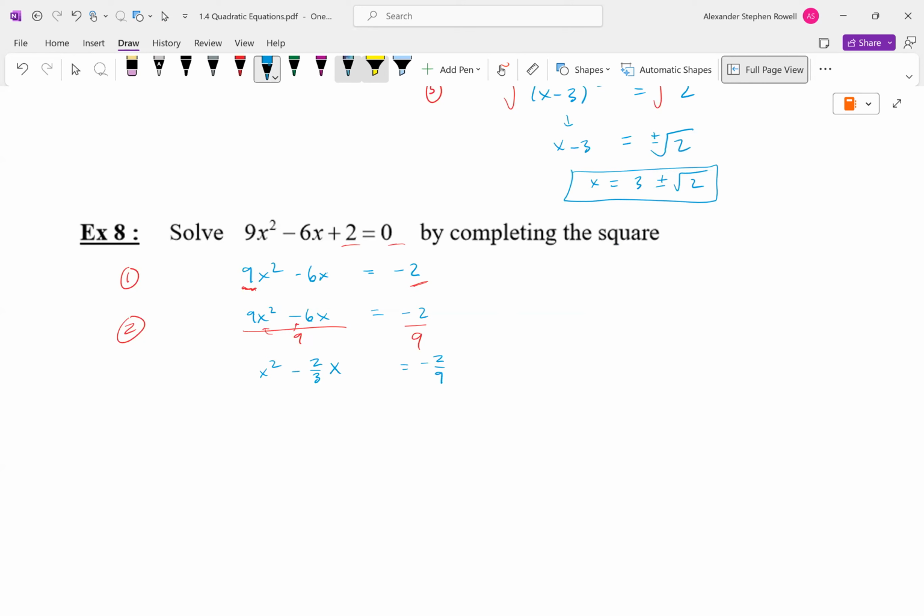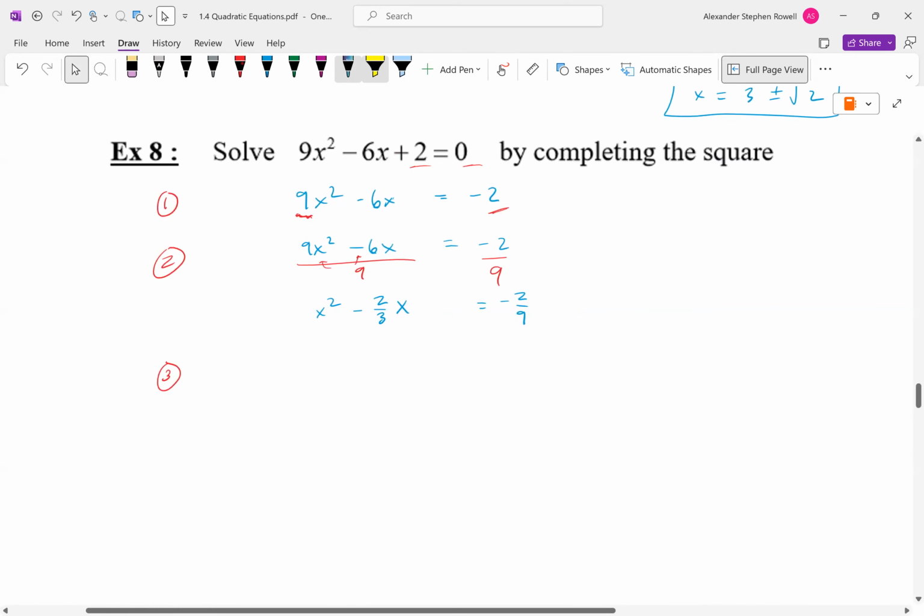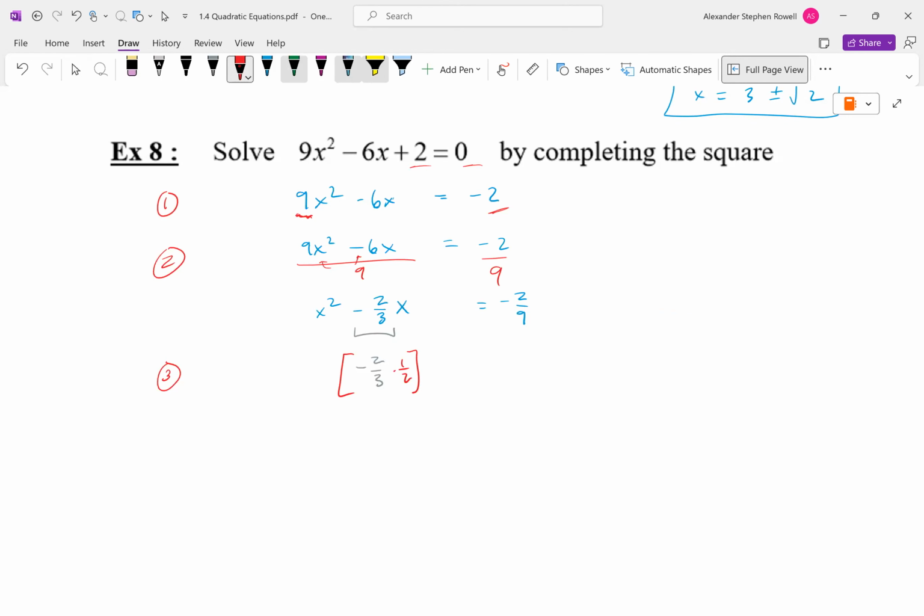Now that I have an x squared and x term, and the leading number in front of x squared is 1, now my completing the square formula works. So step 3, let's go ahead and complete that square. What is that magic number we need to add to both sides? Divide by 2 or multiply by half. If it's a fraction, let's multiply by half. Be a little bit easier to think of, right? Multiply by half and square it.